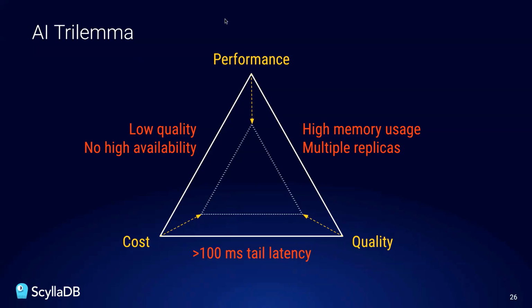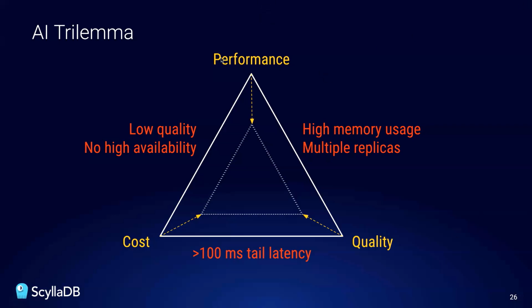For example, if we choose performance and cost, then we either get lower quality of results or we don't have high availability. If we give a preference to cost and quality, our performance might be hurt. So we're talking about tail latency that's higher than 100 milliseconds or even more. And like I said before, users are unhappy when that happens.